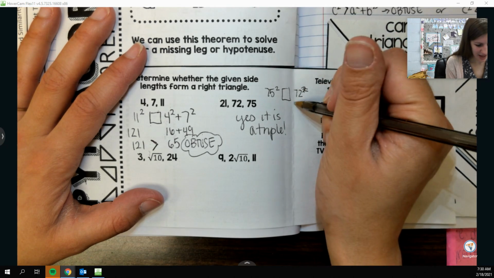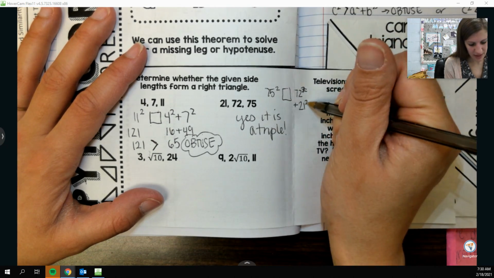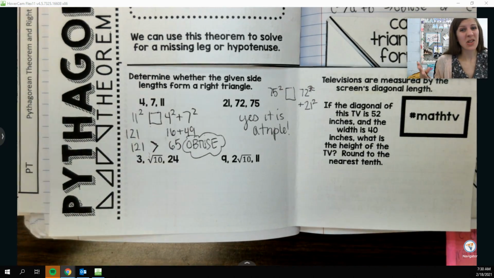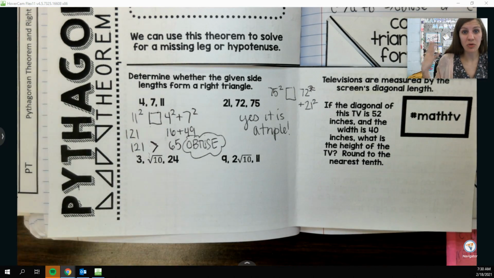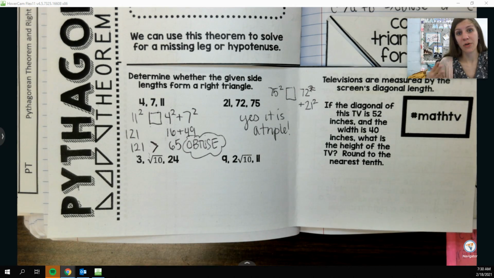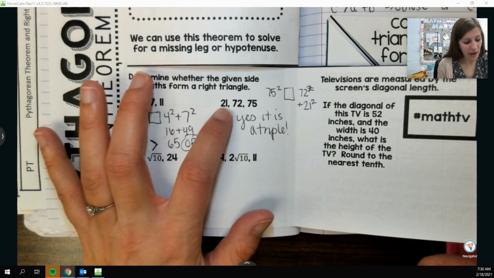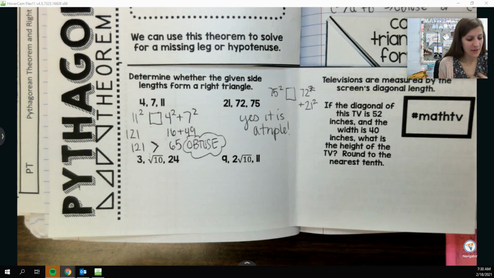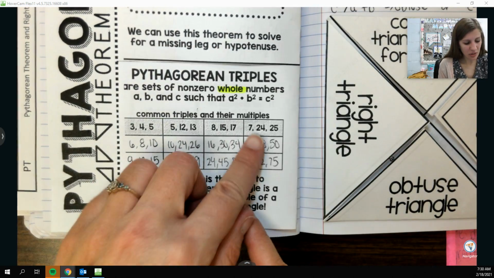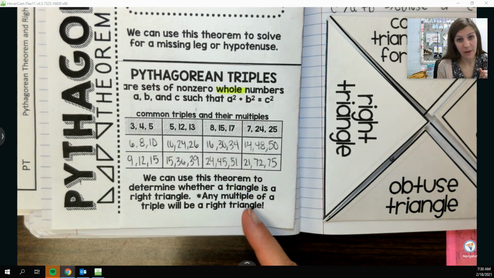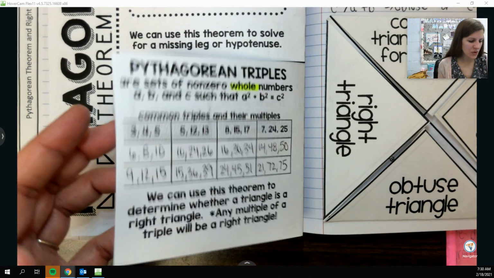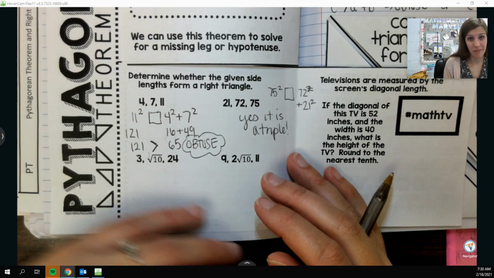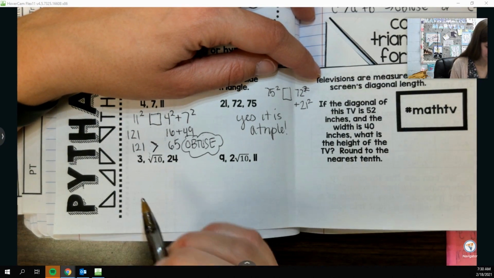Oop, getting ahead of myself. Plus 21 squared. Those are real big numbers. So it's better if you just know those triples in your head, but you're just going to know them from seeing them over and over again. I don't recognize that one as a triple, but if I divide everything by 3, then I do know that 7, 24, and 25 is a triple. So that's a way to maybe know them quickly.